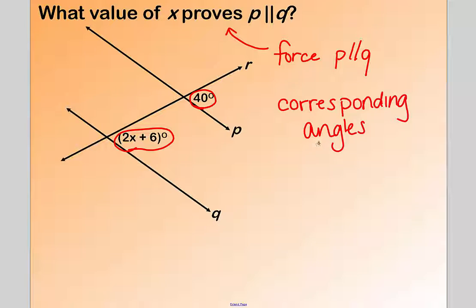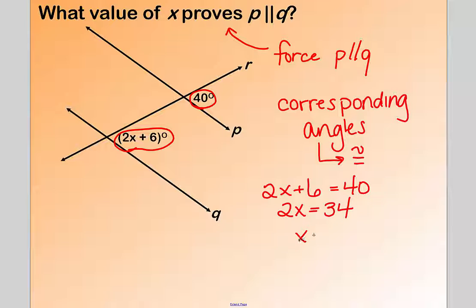And corresponding angles are congruent. So I'm going to take 2x plus 6 and set it equal to 40. I would get 2x is equal to 34, so x would be equal to 17.